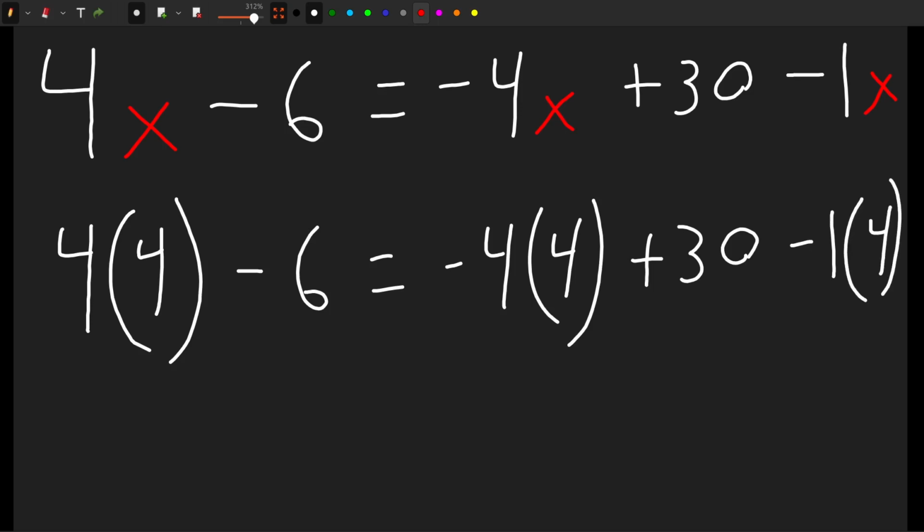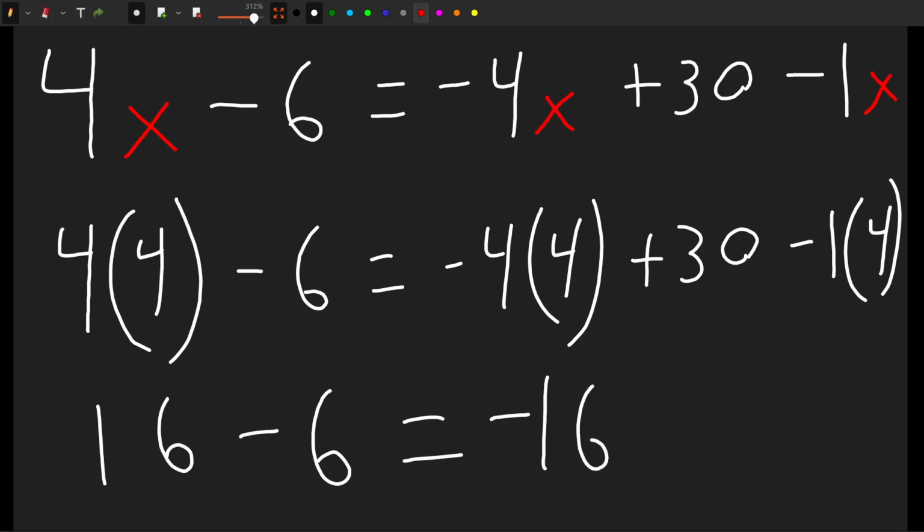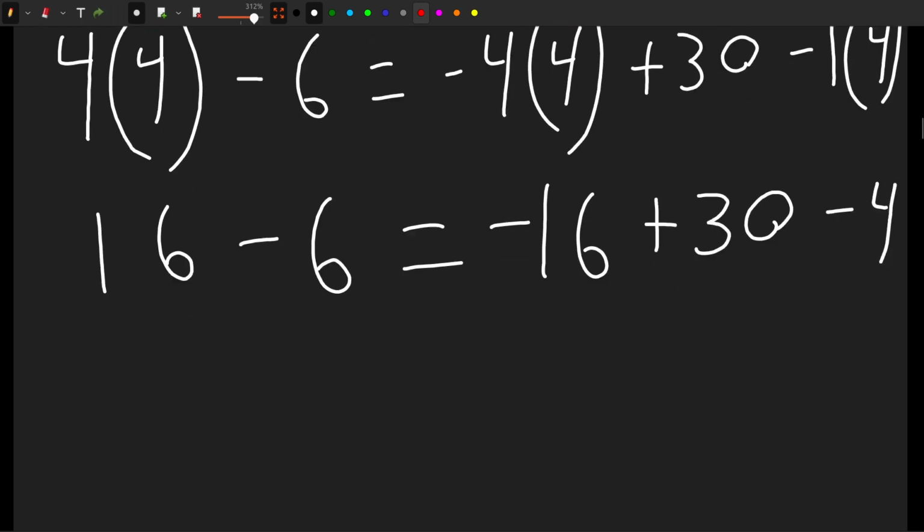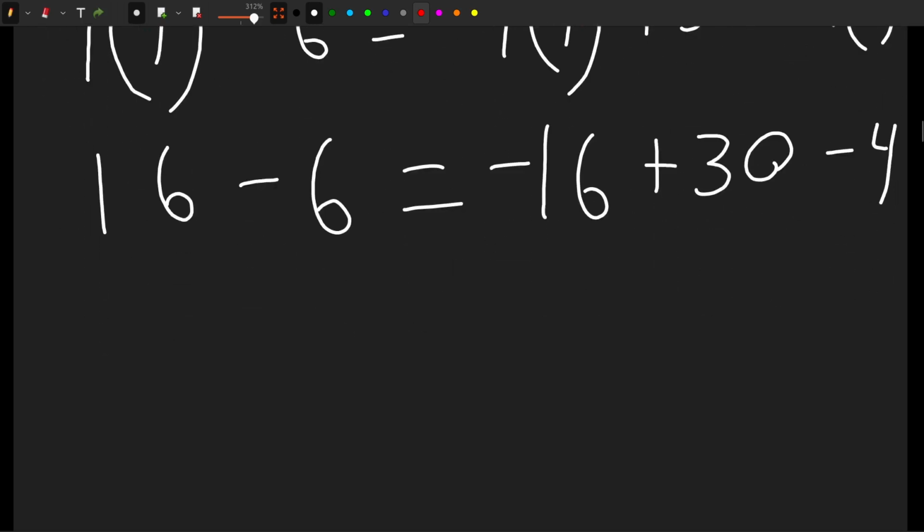Okay. 4 times 4 is 16 minus 6. That's what I have on the left-hand side. On the right-hand side, I have negative 4 times 4 is negative 16 plus 30 minus 4.